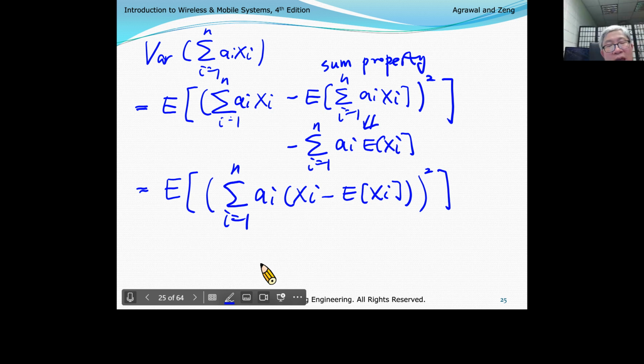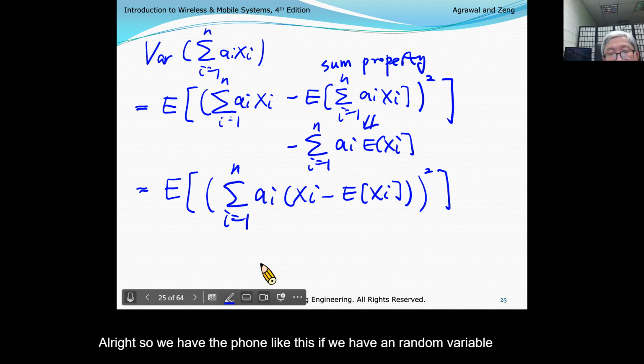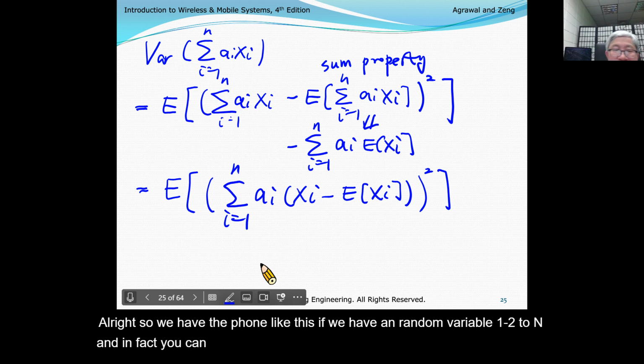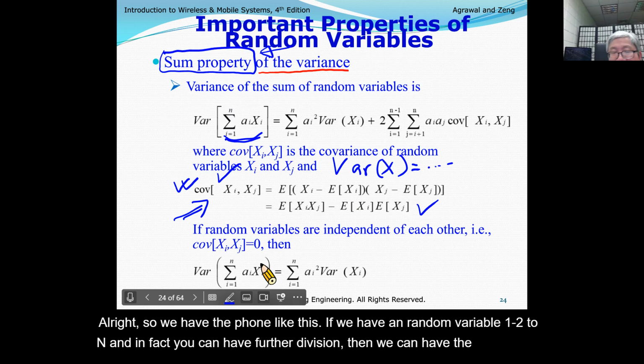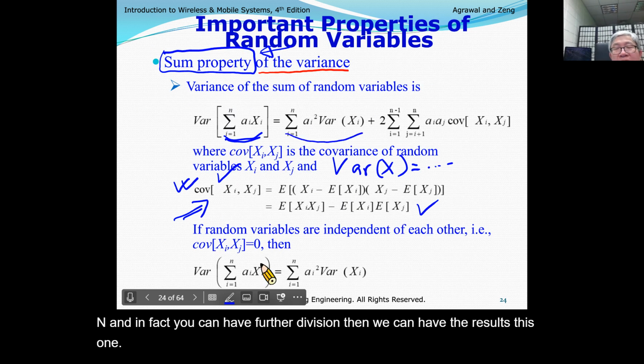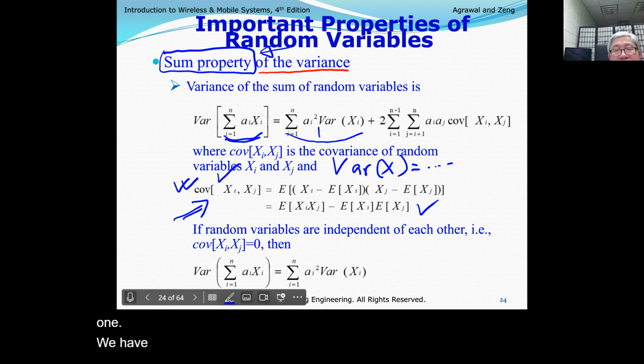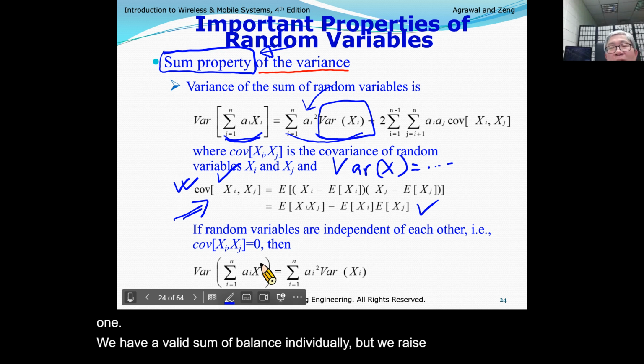All right, so we have the form like this. If we have n random variables, 1, 2 to n, and if you do the further derivation, then we can have this result. We have a variance, the sum of the variances individually, but we raise the coefficient to square.